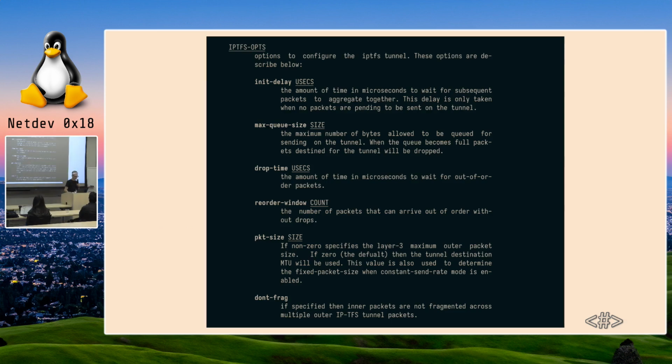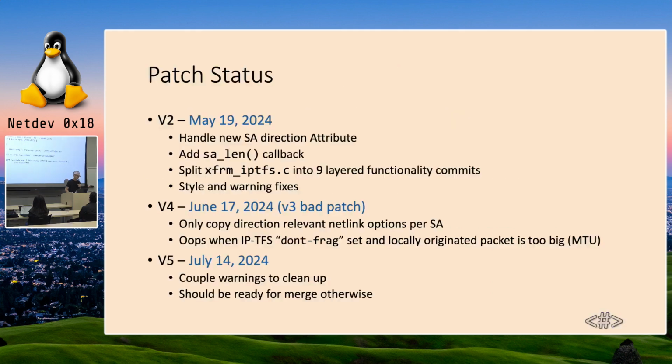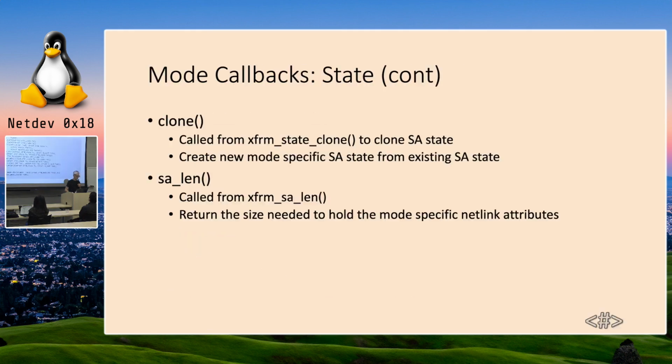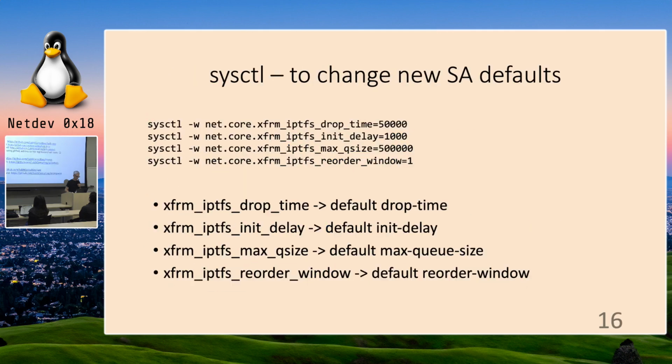Well, it's documented as being the maximum number of bytes allowed. But I give this, right. Where is it there? Right. So you can sysctl change even the default, right? So if you don't like the default max queue size being a megabyte, you can change it here so that all your new SAs that are unspecified use it.